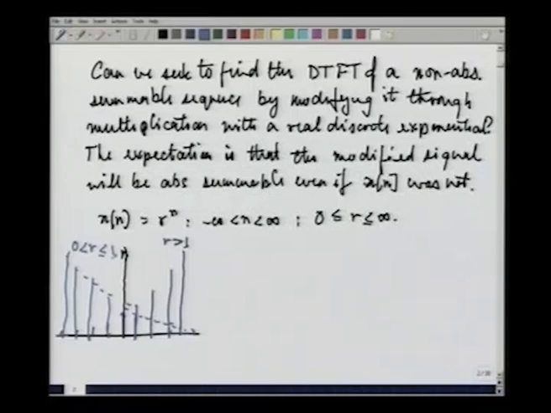What about r equal to 1? When r is equal to 1, you get that curve which lies exactly in between these curves, which is the fixed sequence, let us say the constant sequence.